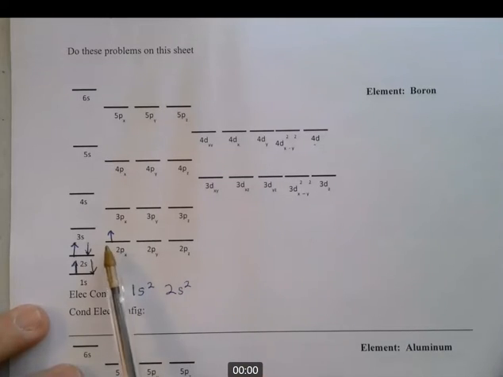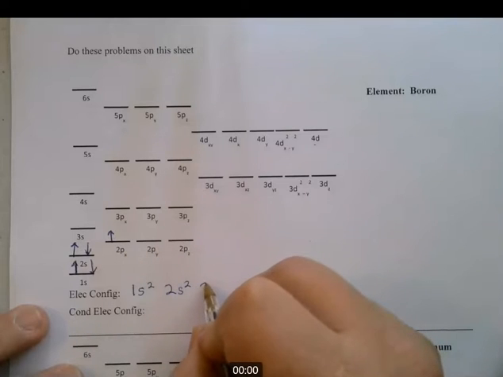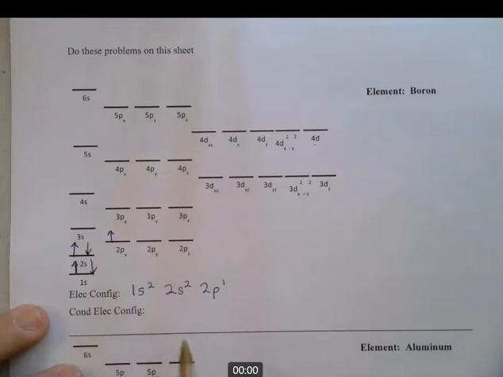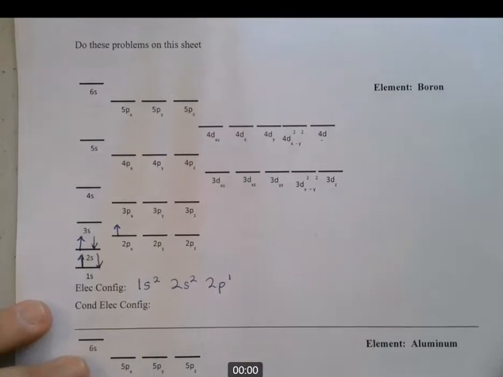And finally, it has 1 electron in the 2p orbital, so you write 2p, and there's 1 electron. You don't write a separate p for px, py, and pz when you write the electron configuration. So that's the complete electron configuration for boron.